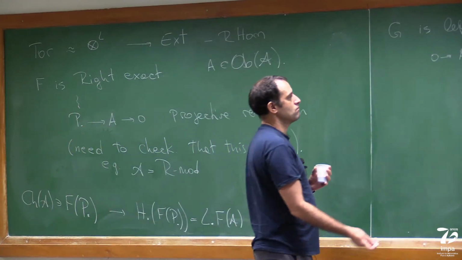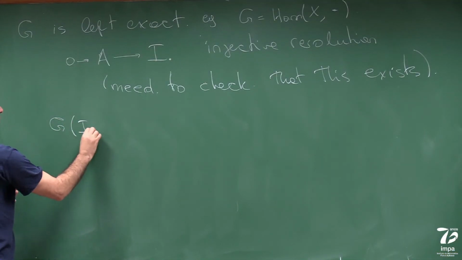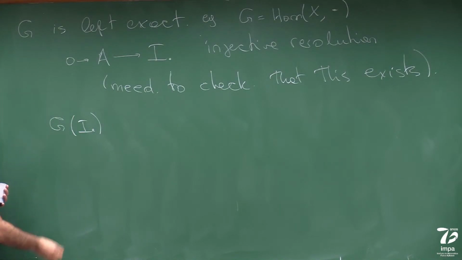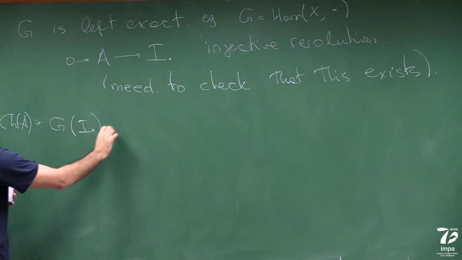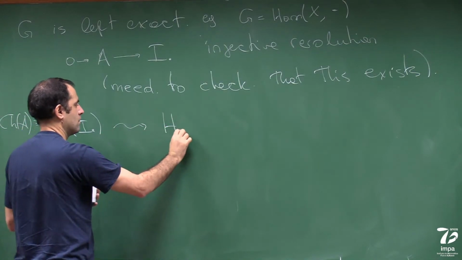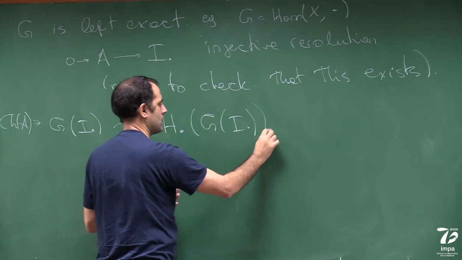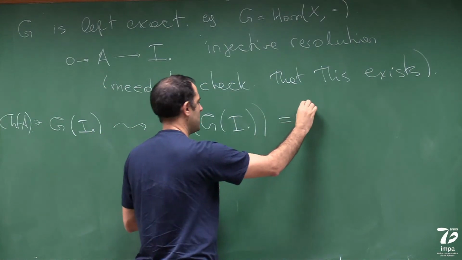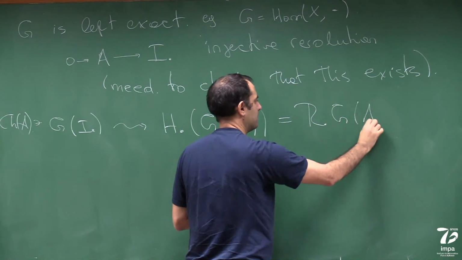But okay, so we take an injective resolution, you apply your functor, and this is again a chain complex in the same category, and you take the homology of that. You declare this to be the right derived functors of the functor G applied to A.